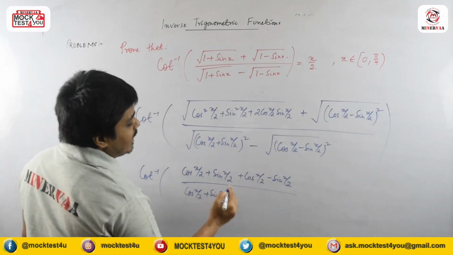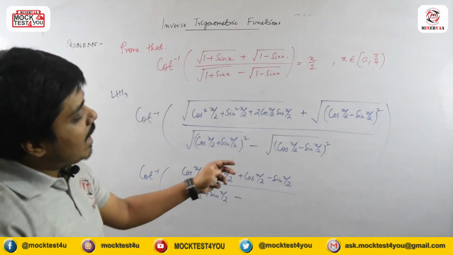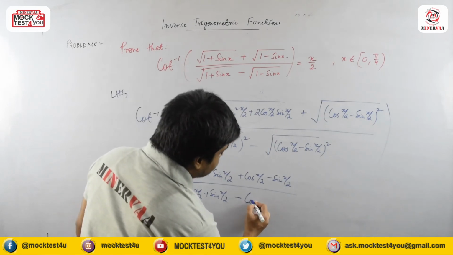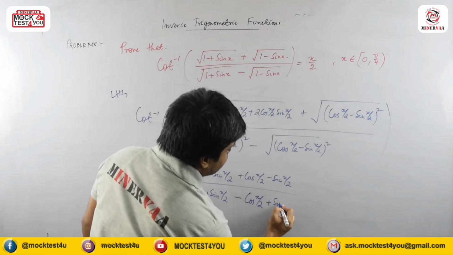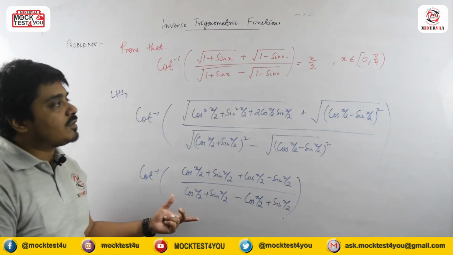Then we have minus cos x by 2 minus sin x by 2. Now when I am having minus, what will I have? Minus of cos x by 2. Then minus minus becomes plus sin x by 2. So by simplification we get up till here.